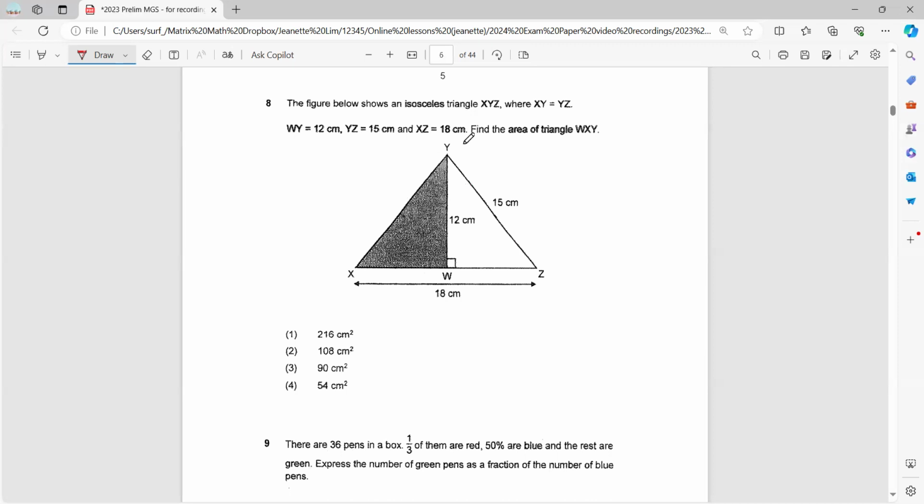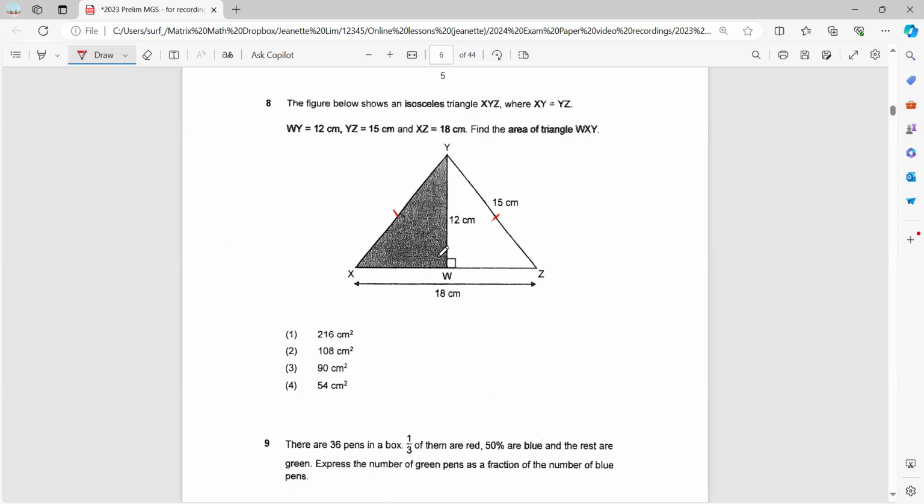Question 8, the figure below shows an isosceles triangle XYZ, where XY equals YZ. So they are both 15 cm. Then we have 12, 15, and 18. Find the area of triangle WXY, which is the shaded part. So half times base times height.